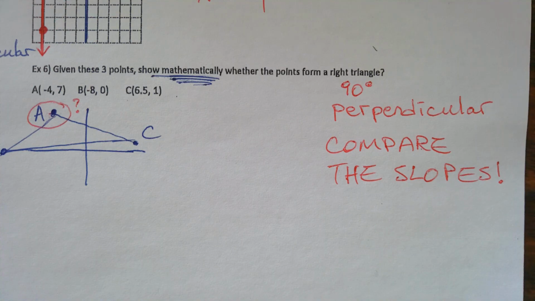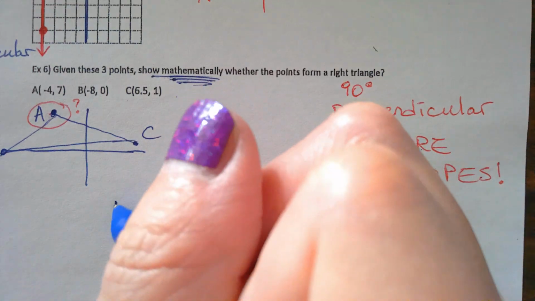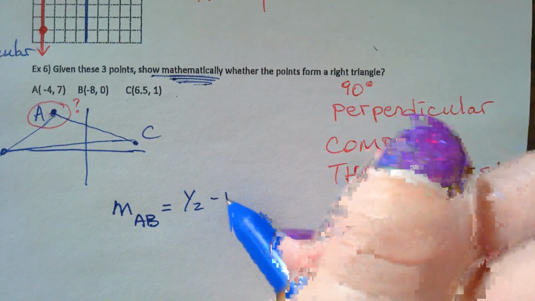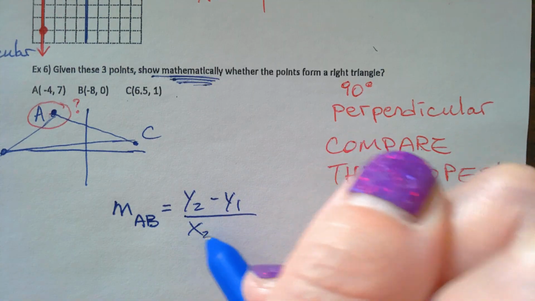So this question again, what is it implying? What are you trying to solve? As Jasmine says, I like that idea. Let's compare the slope of AB, which is y2 minus y1 over x2 minus x1.